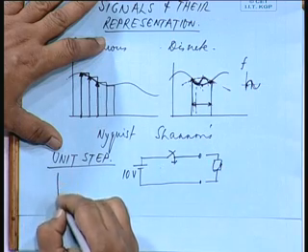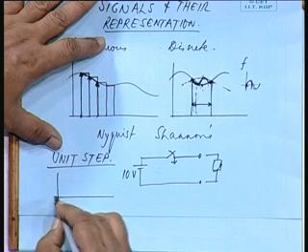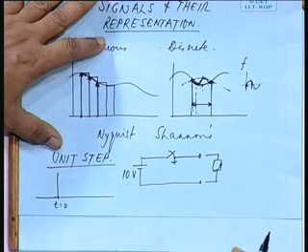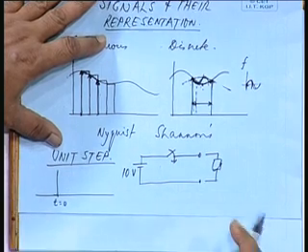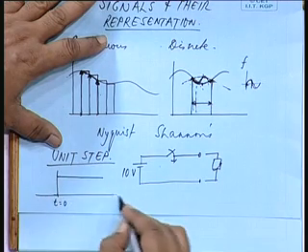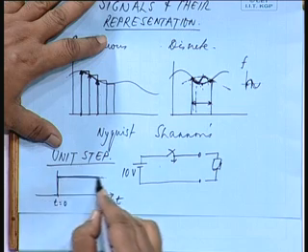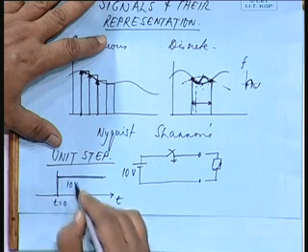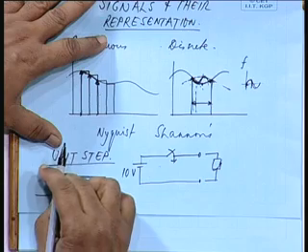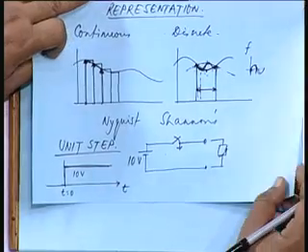So, before the switching it was 0. If we count the time from t equal to 0 at the switching instant, then this represents a step function of 10 volts. When the magnitude is 1, it is a unit step. Okay. This is unit step.